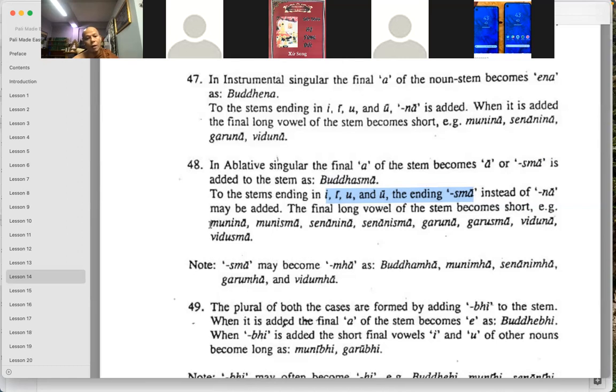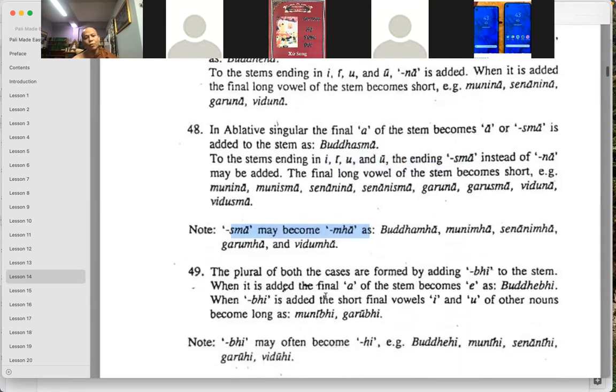Yes: munina, munisama, and senanina, senanisama, and vidusama. And here also sama may become ma. Directly, sama is changed to ma, but logically sa is changed to ha, and ha and ma change their position, so finally we have ma in this way: Buddhama, munima, senanima, garuma, vidūma.